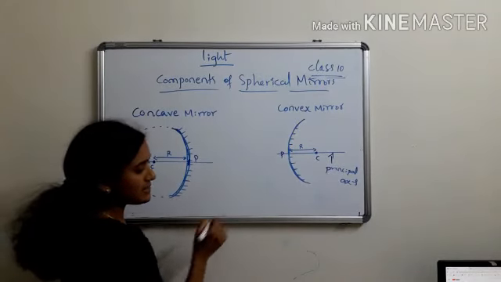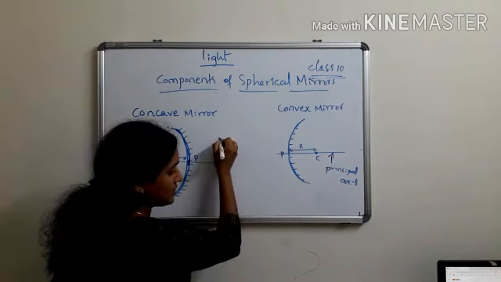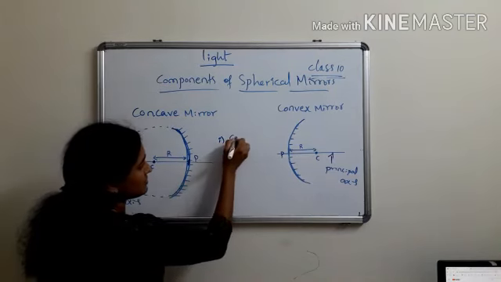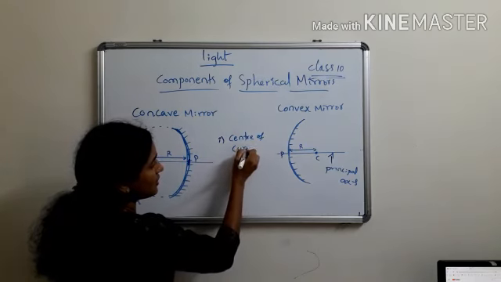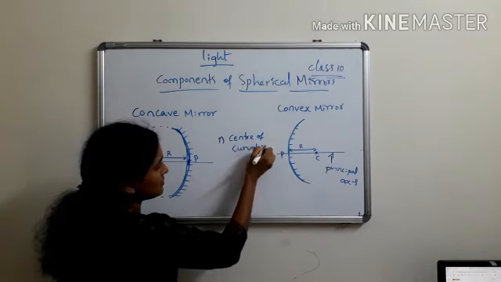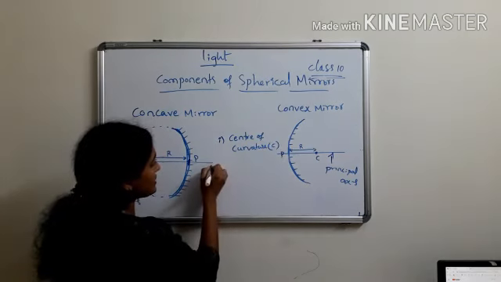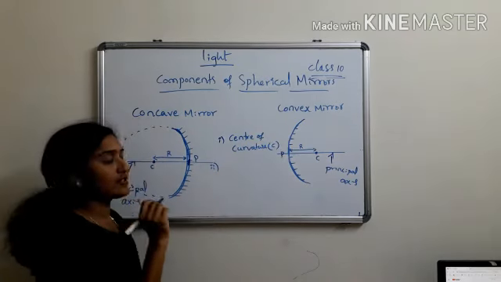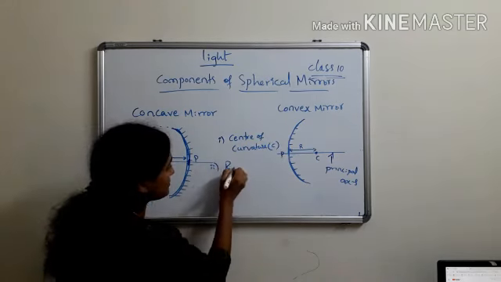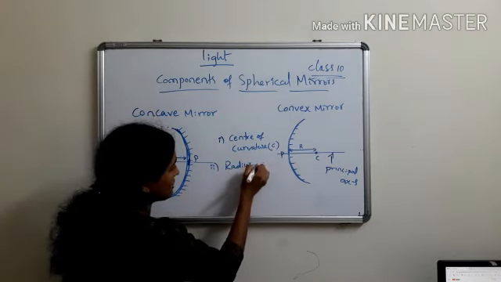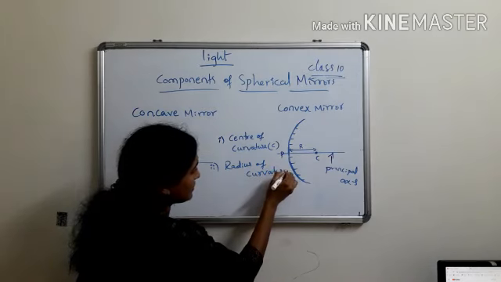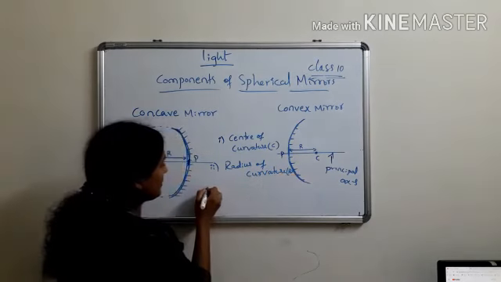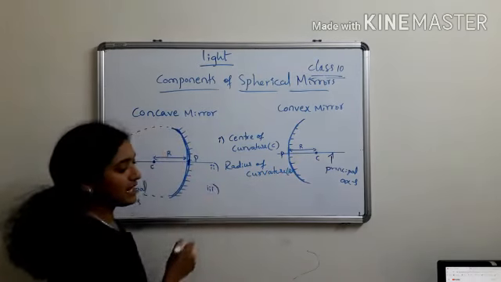The first one is the center of curvature, C. The second one is the radius of curvature, capital R. Next, the principal axis.